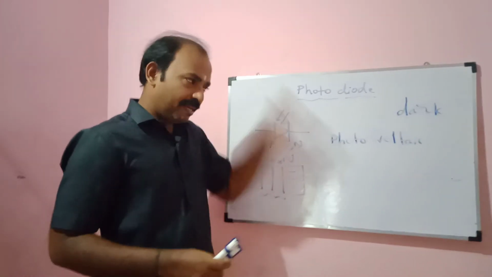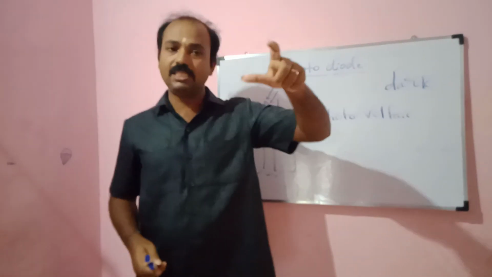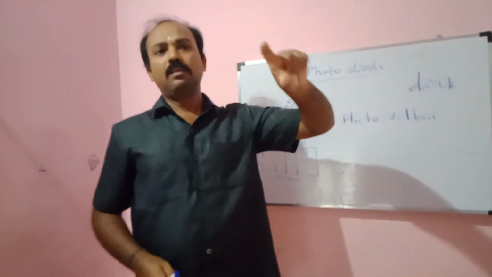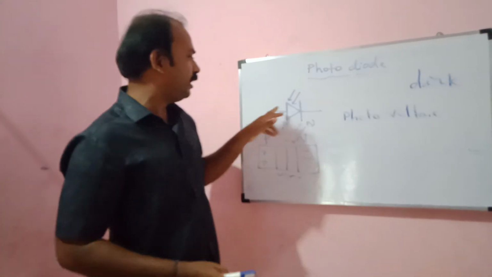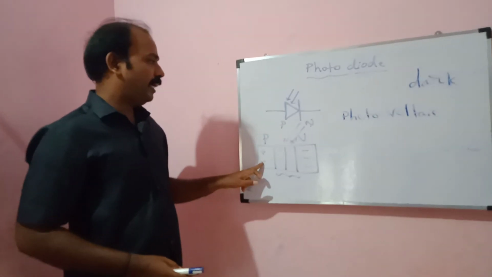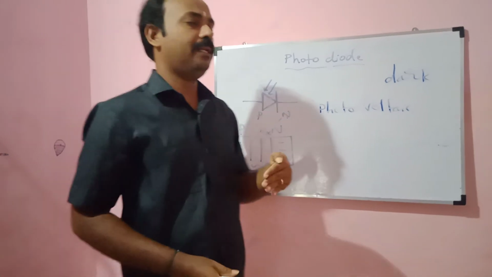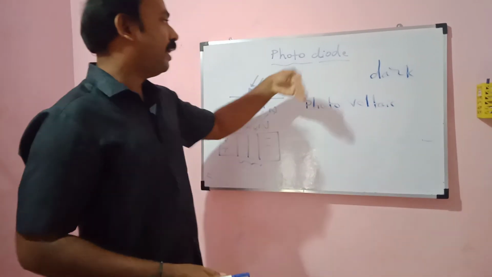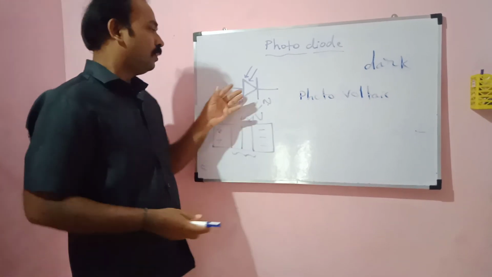So we summarize. What is a photodiode? It is a photosensitive device that converts light energy into electrical energy. Then the symbol and block diagram. Then I already drew the circuit diagram: the photodiode is operated exclusively in reverse bias.